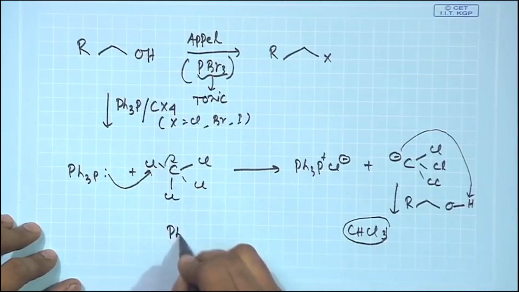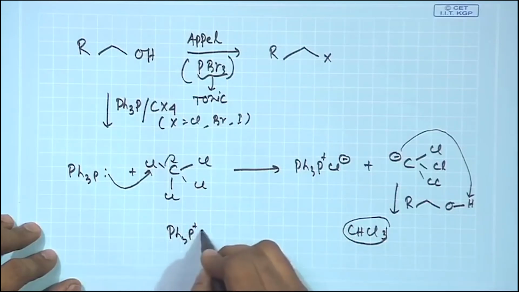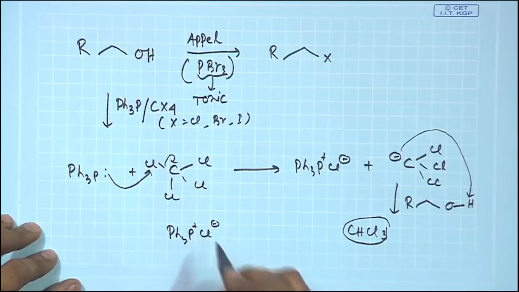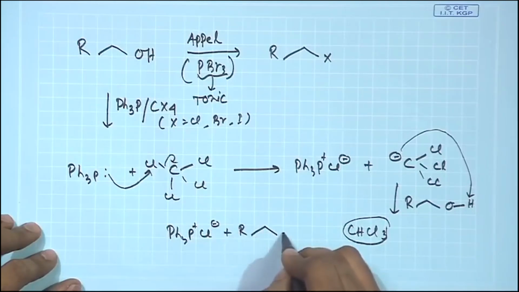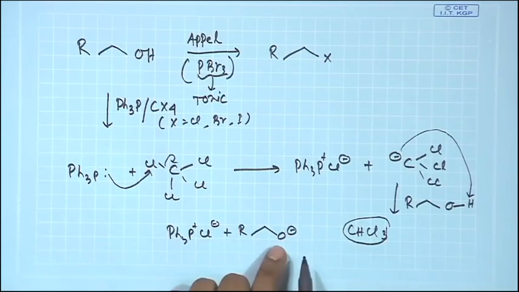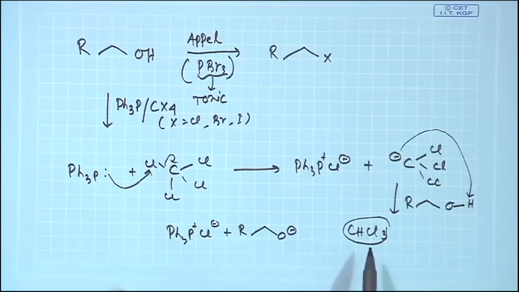Then you have this Ph3P+Cl, Cl minus in the reaction mixture, and you also have RCH2O minus, because this alcohol donates the hydrogen to CCl3 minus to become CHCl3. So, that was the main thing.